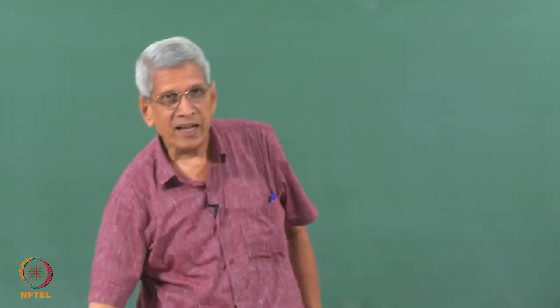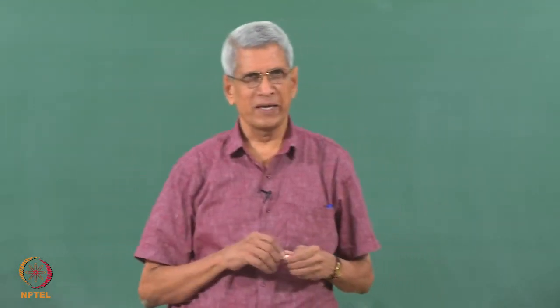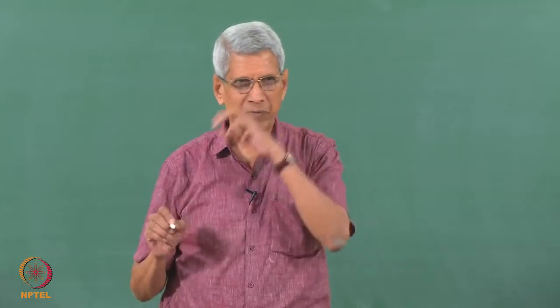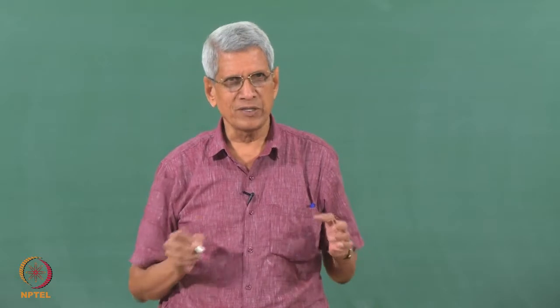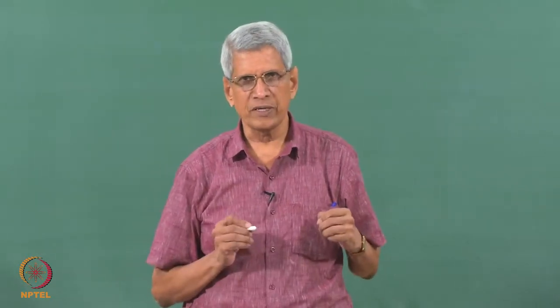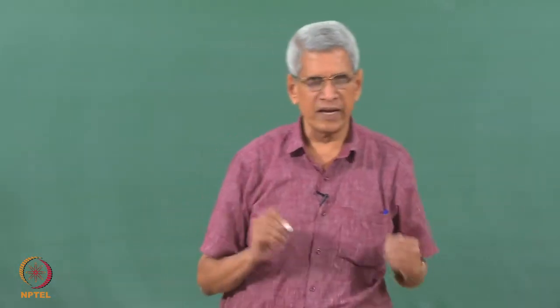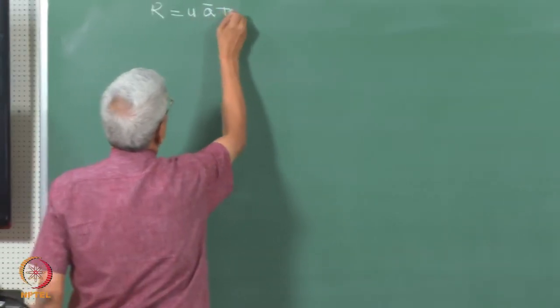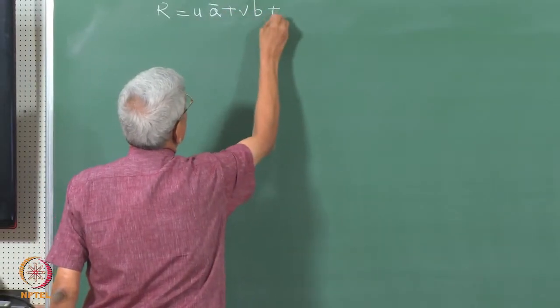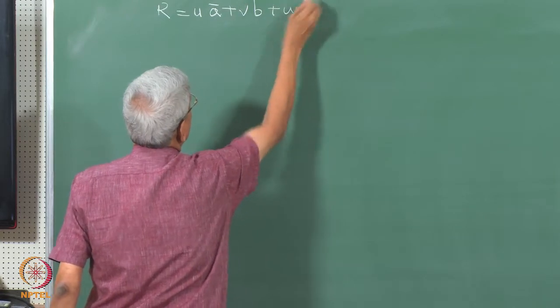In the earlier classes you have studied that when a crystal structure is there, we define the crystal with respect to some coordinate system. With respect to that coordinate system, any direction in the crystal can be written in terms of r equals u into a plus v into b plus w into c.